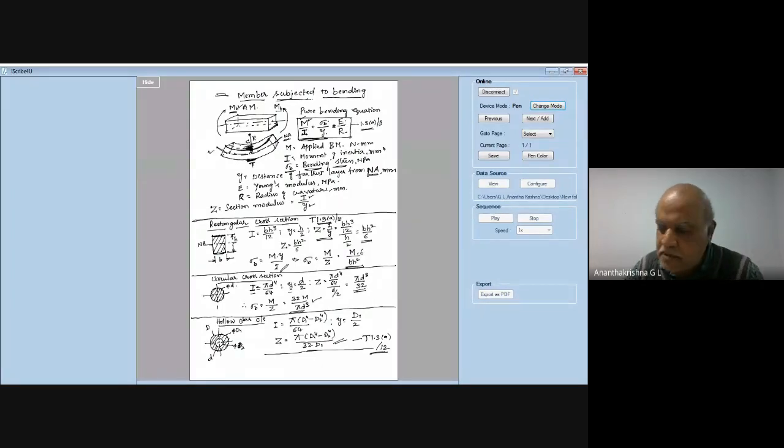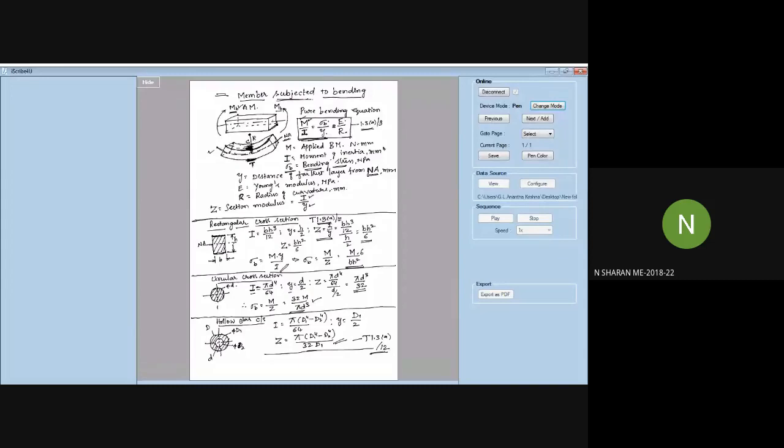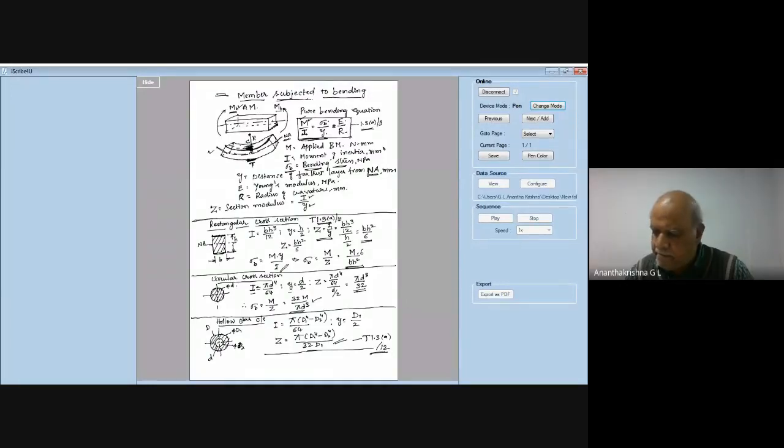Right. Mazin Omar. Sharan. Present, sir. Narendra. Present, sir. Niyal Shetty. Yes, sir. Nikhil. I think you are there, sleeping. Wagmesh.